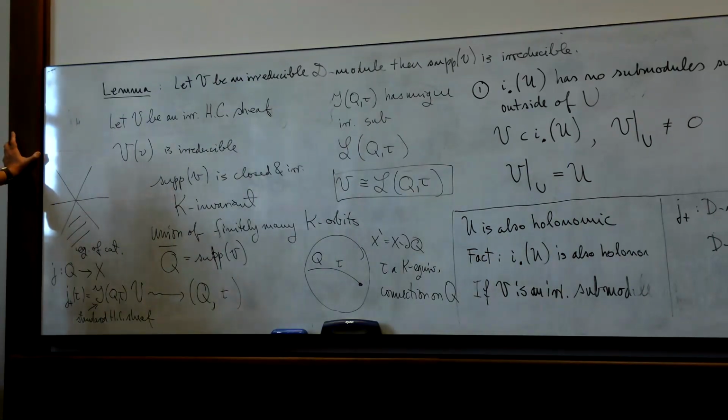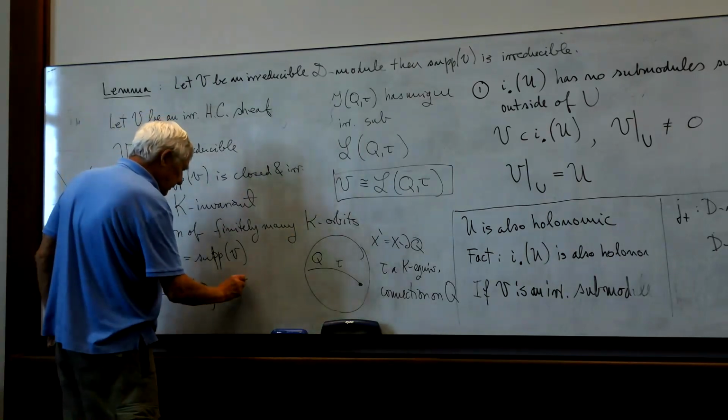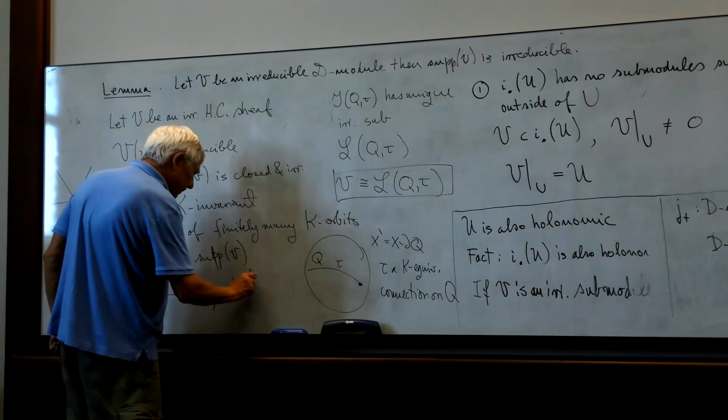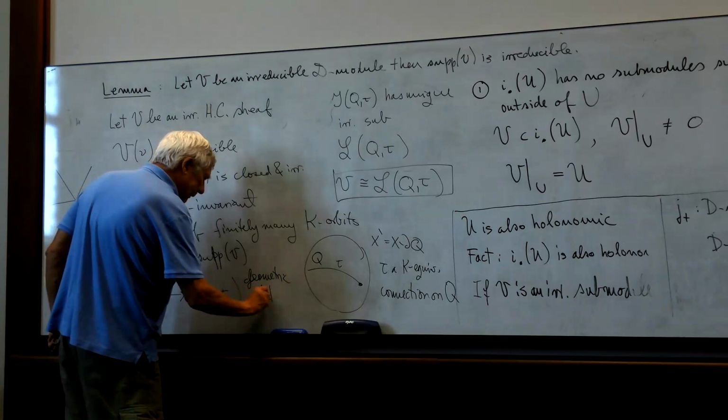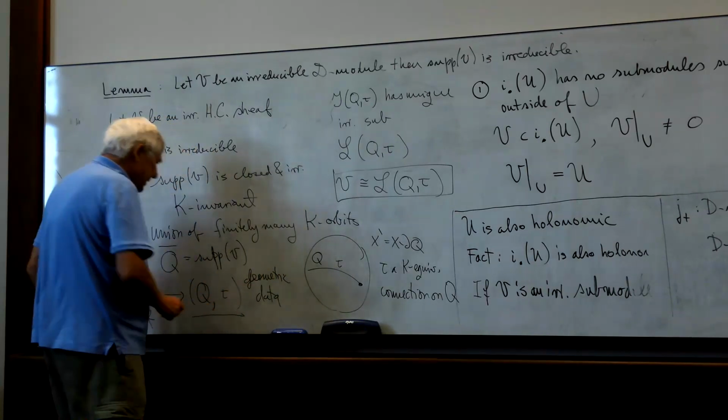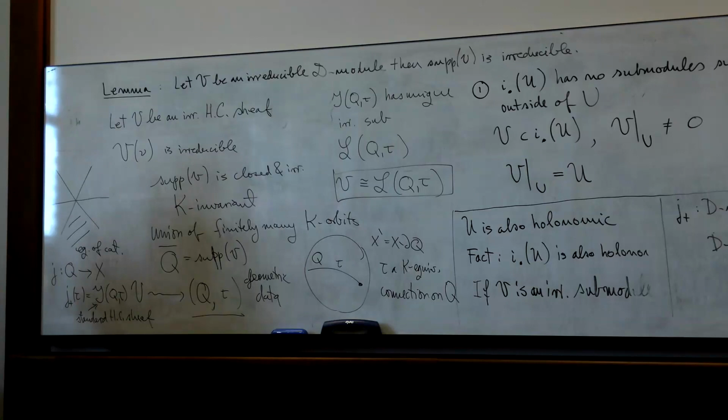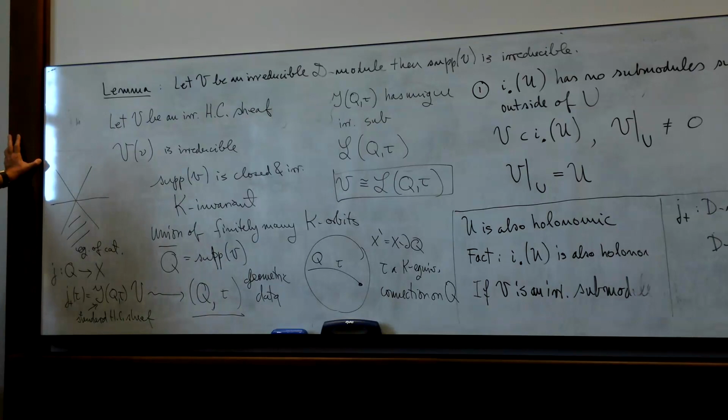These parameters are called geometric data. And if I have this geometric data, then the corresponding irreducible Harish-Chandra sheaf is a unique sub of this standard Harish-Chandra sheaf. And this gives us a classification of all irreducibles. And we see that there are finitely many of them for any lambda.